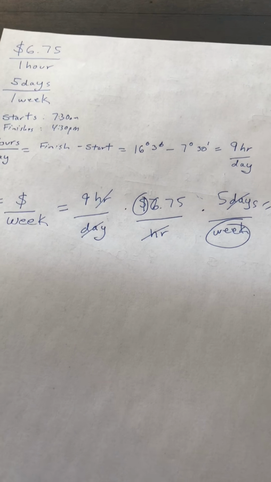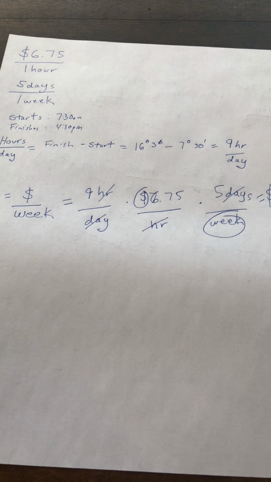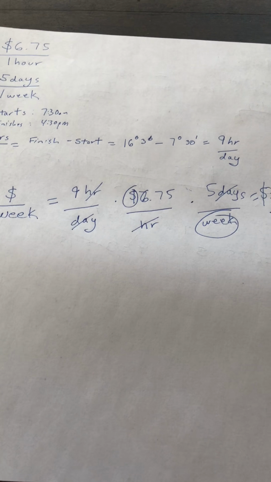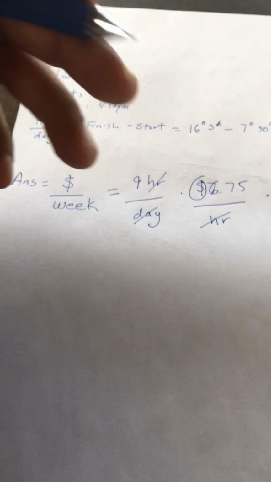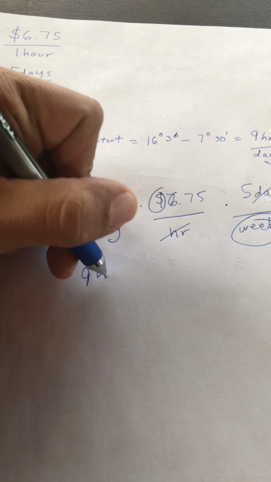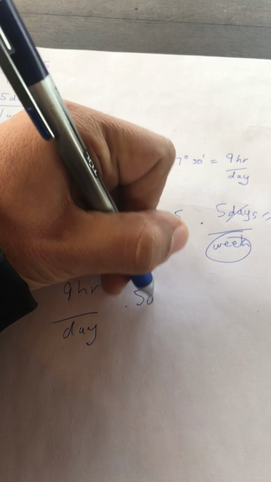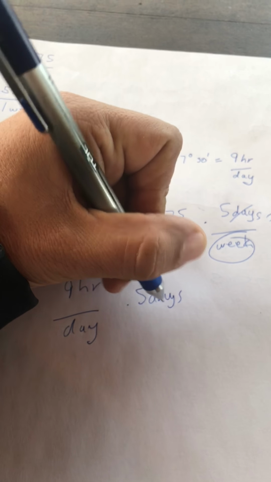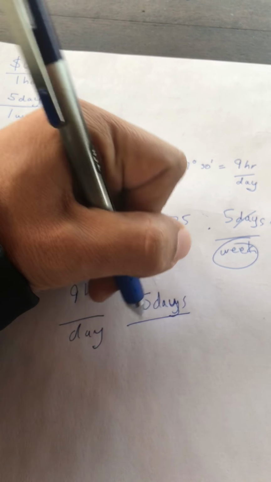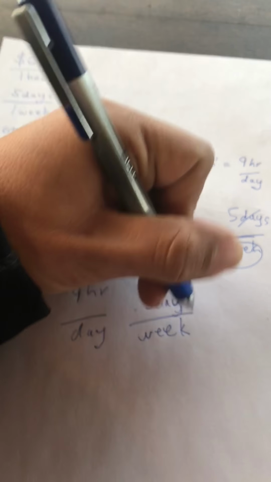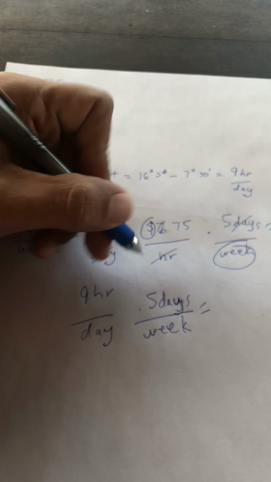The one other question they could have asked us there is, how many hours a week does Matt work? If we did the equation a little bit differently, we could have said 9 hours per day times 5 days per week. The days would cancel out.